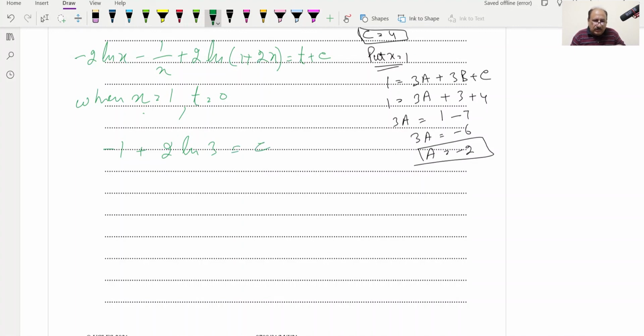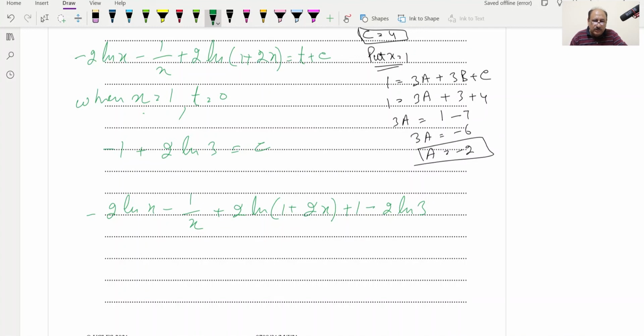So this value of c we can add over here, and our final equation will be -2 log x minus 1 by x plus 2 log of 1 plus 2x, and plus 1 minus 2 log of 3. This is what we have.